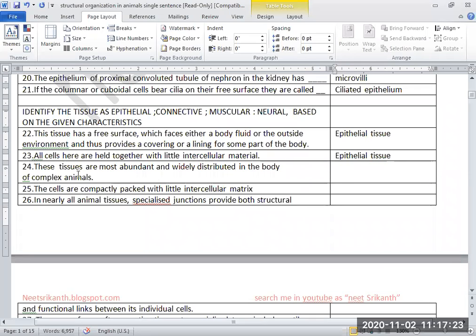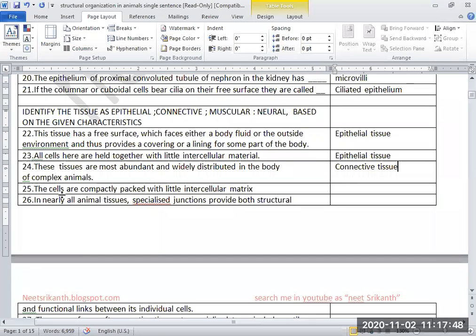Next, these tissues are most abundant and widely distributed in the body of complex animals. Question number 24. The tissues are most abundant and widely distributed in the body of complex animals. Connective tissue.